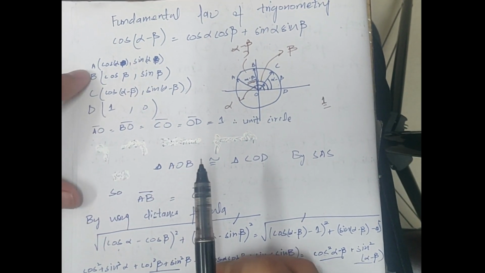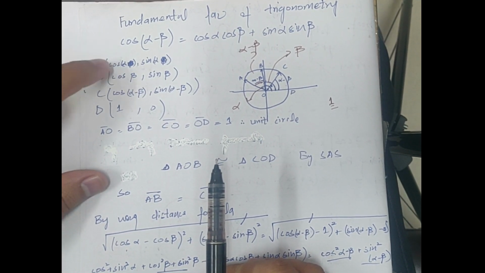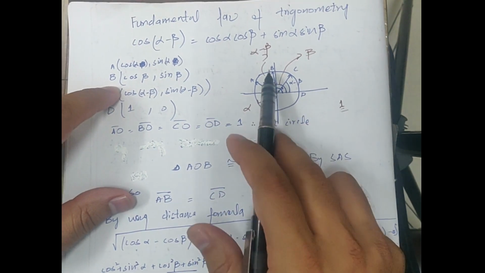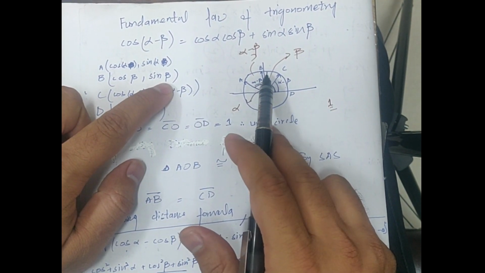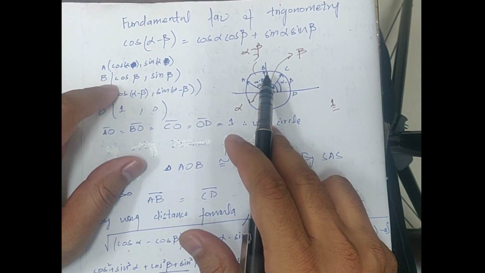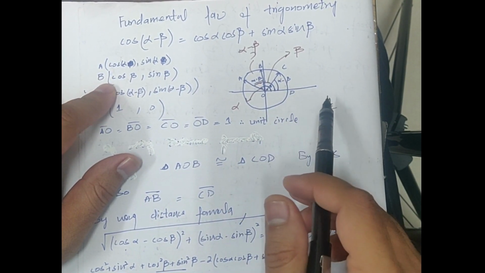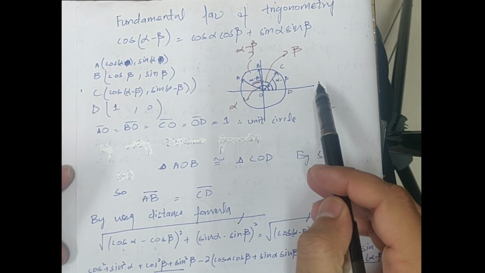Now the coordinates of point A can be written as cos alpha, sin alpha, and the coordinates of point B can be written as cos beta, sin beta, because, as I have already explained, the circle has a unit radius.